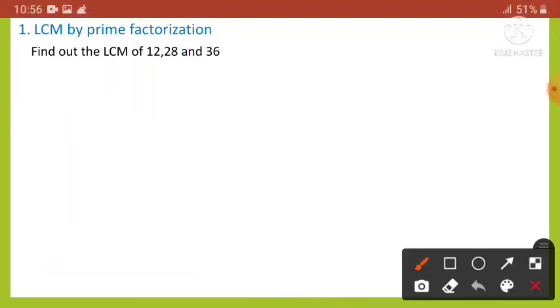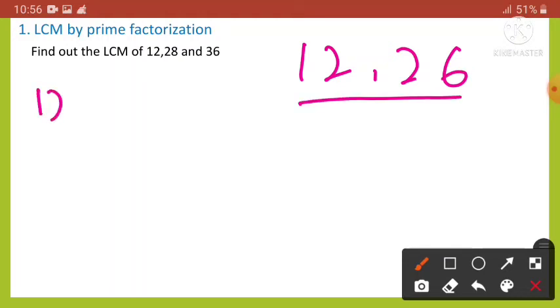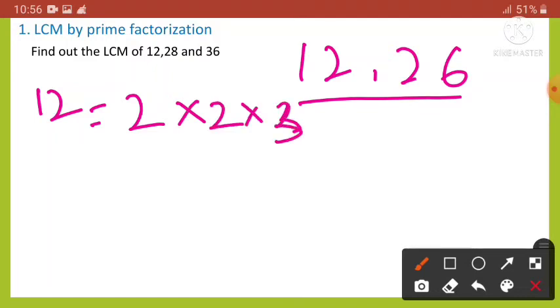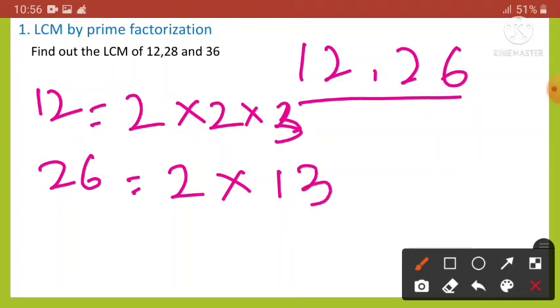Now take another example. Suppose we have to find the LCM of 12 and 26. At first we find the factors: 2 into 2 into 3 for 12, and 2 into 13 for 26.